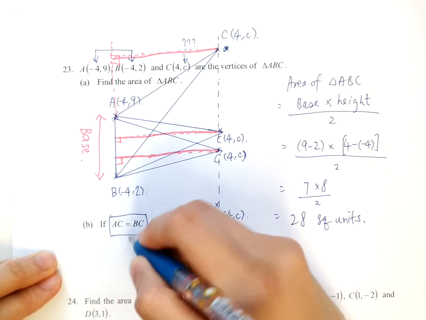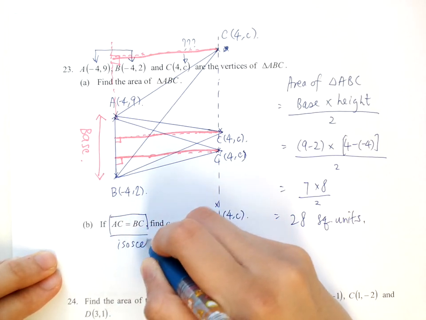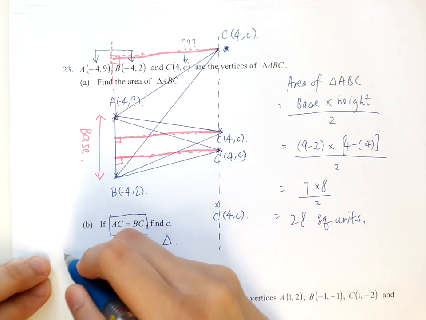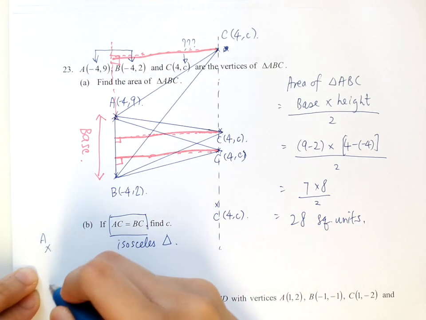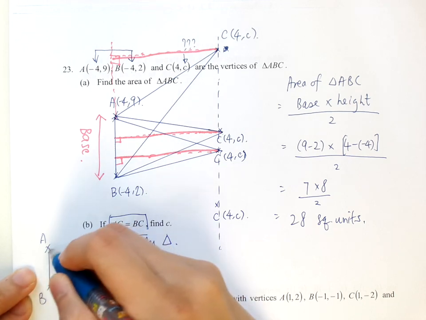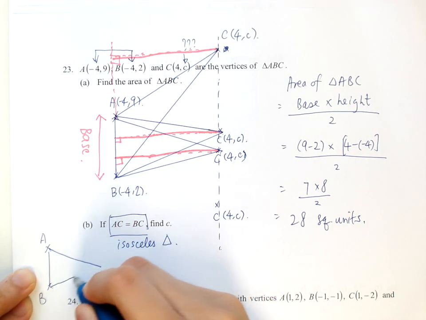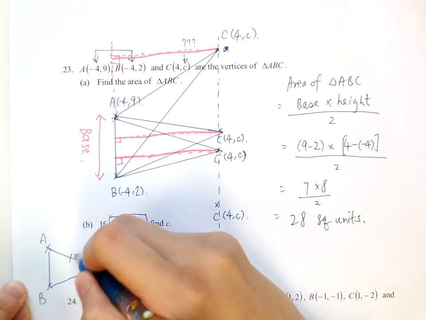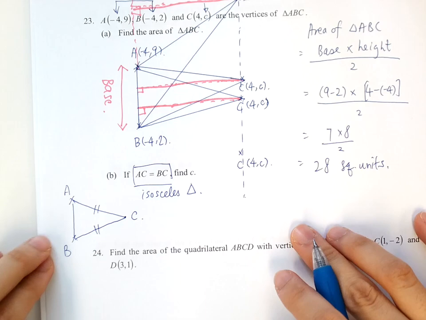If these two are equal, it must be an isosceles triangle. In order to draw an isosceles triangle, it will be something like this. So AC is equal to BC.